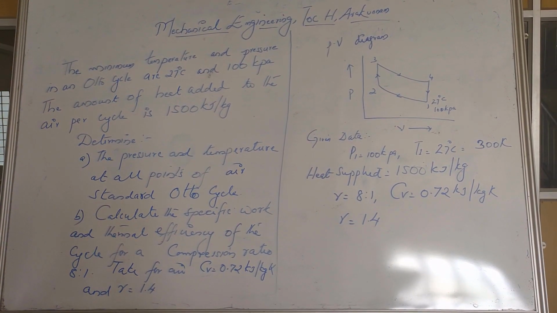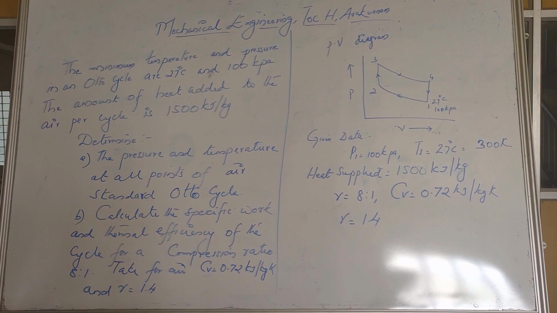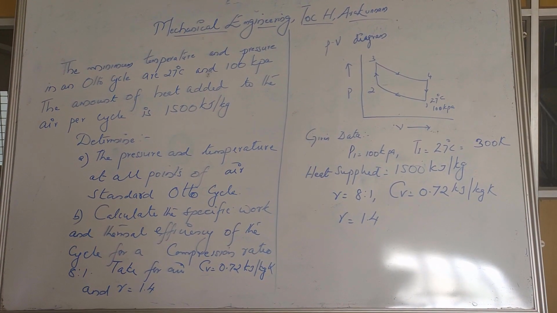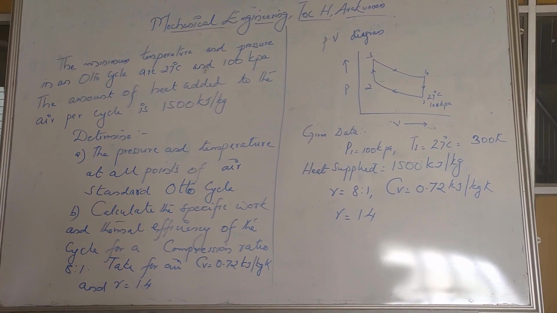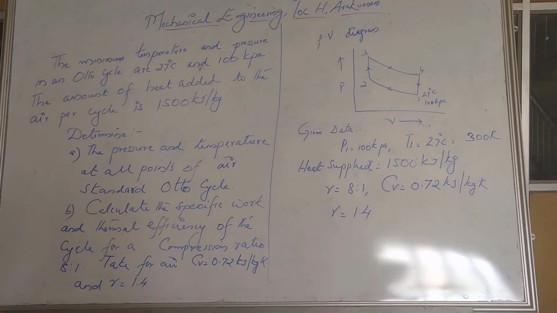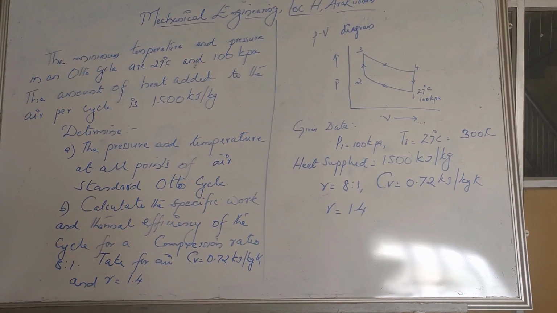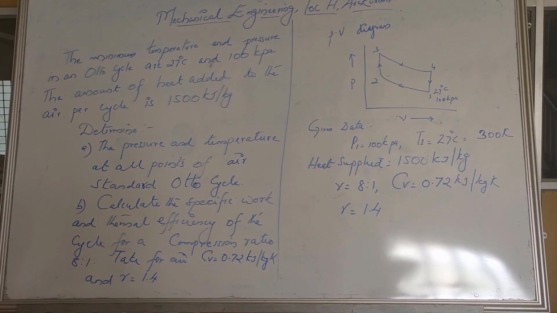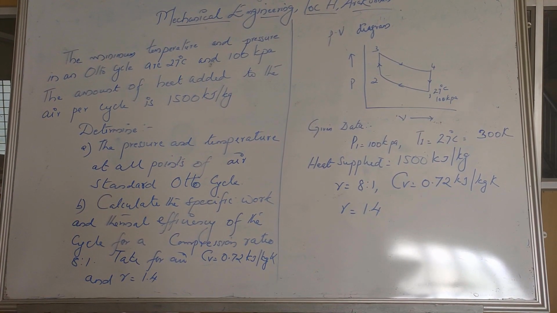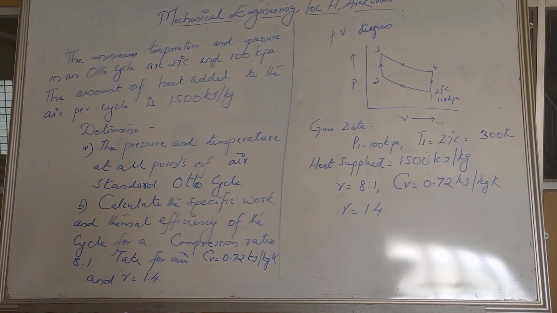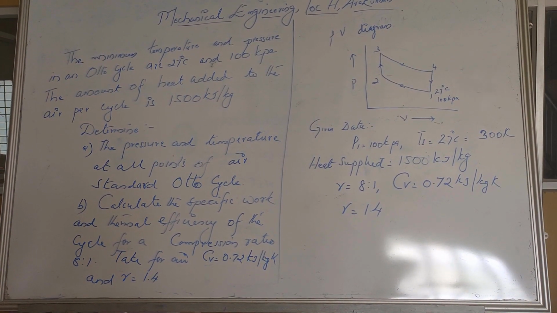A, determine the pressure and temperature at all points of the air standard Otto cycle. B, calculate the specific work and thermal efficiency of the cycle for a compression ratio of 8:1. Take for air Cv equal to 0.72 kilojoules per kilogram Kelvin and gamma equal to 1.4.